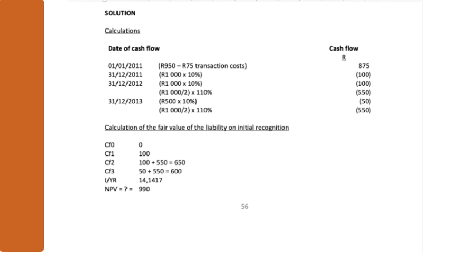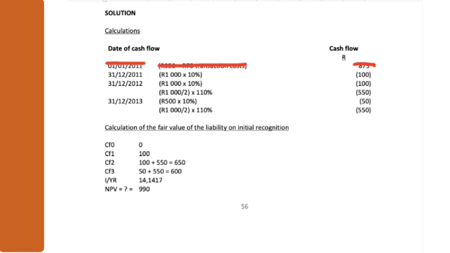We are actually at this moment not interested in the day 1 cash flow. We want to have a look at the future cash flows, so that we can discount those future cash flows back to PV. PV is day 1. We don't want to know what the cash flows were on day 1. We want to calculate the PV, which represents the fair value.